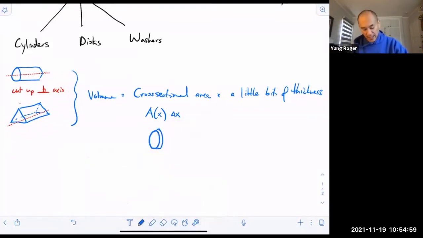In that case, the cross-sectional area would be a triangle. And then that little bit of thickness, maybe it looks like this. And then that gives you a little triangular wafer. And this is one slice.